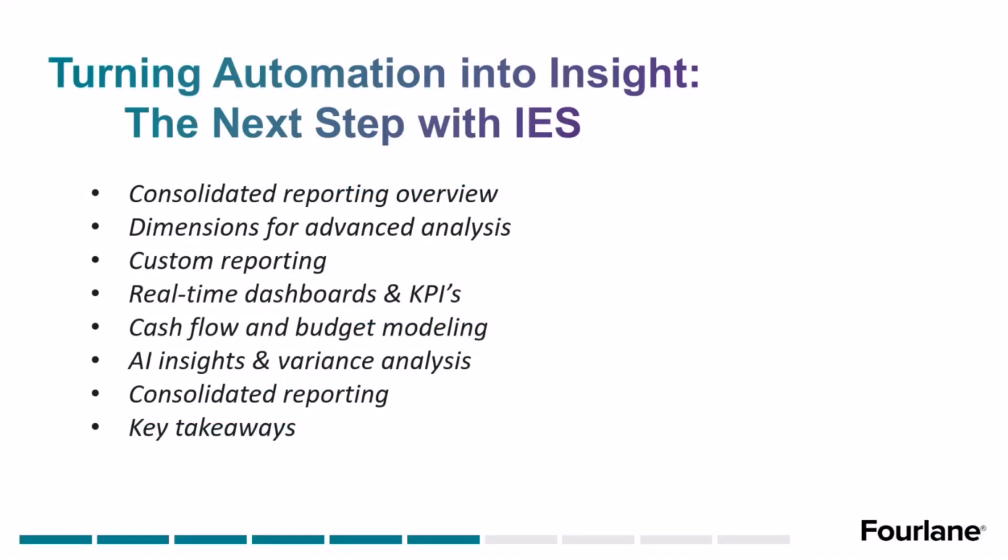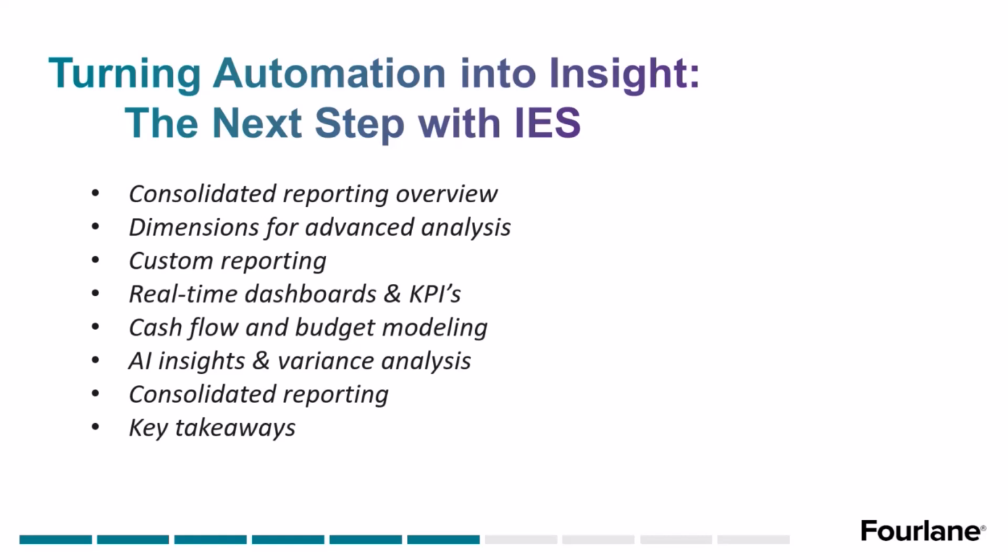Here's what we'll be covering today. We'll start with consolidated reporting, how IES eliminates the need for manual Excel merges and gives you instant access to combined financials. Then we'll explore dimensions, a powerful reporting feature that goes far beyond classes and locations.